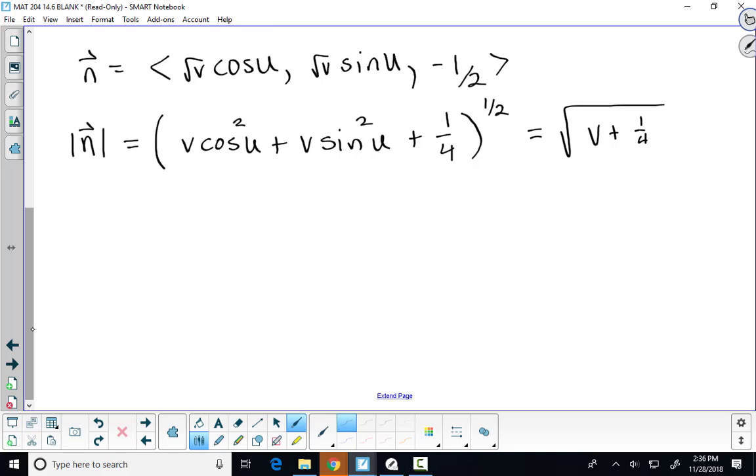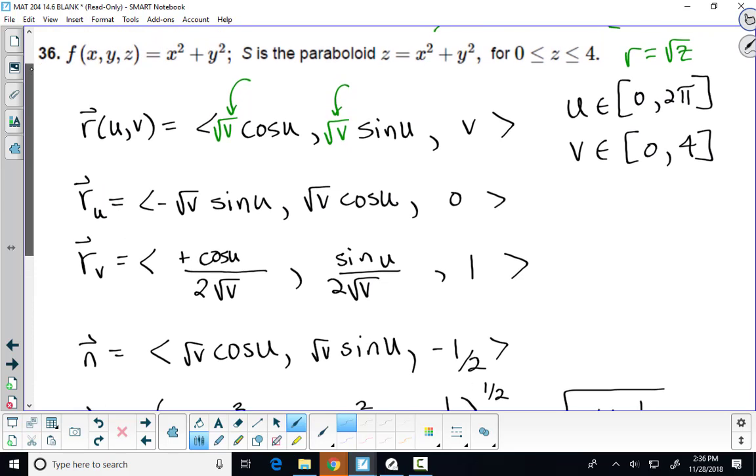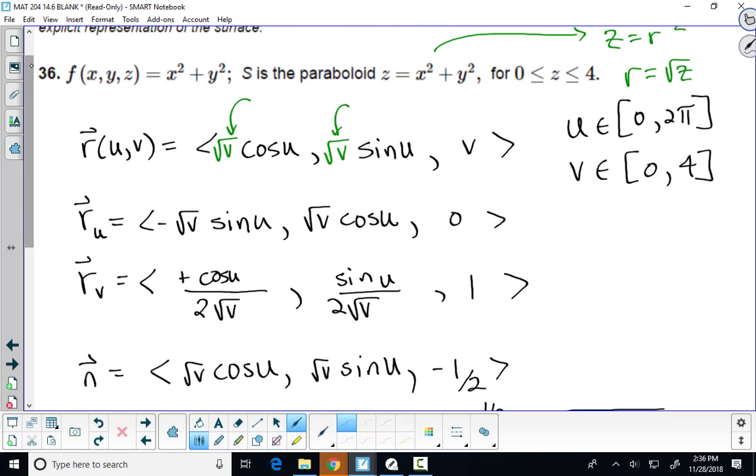Now we go back to the original integral. That's our Jacobian type thing. And this did have a function, x squared plus y squared. We have to go to our parameterization. There's x, there's y. So when we square this, we get v cosine squared plus v sine squared, so that's just v.